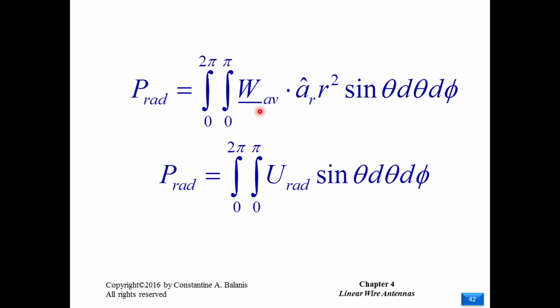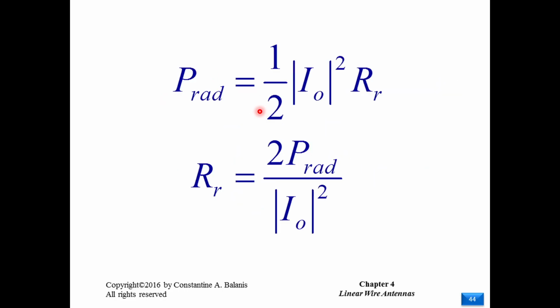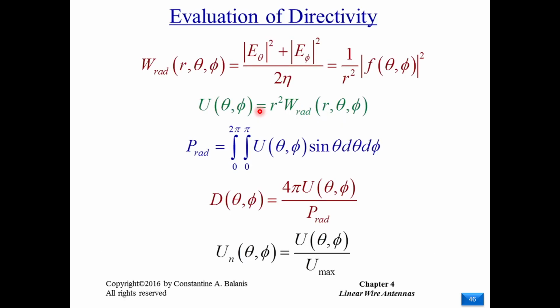So the radiated power, we know the expression to find the total radiated power. The radiation resistance is related to the radiated power with this expression, as we discussed last time. For directivity, the radiation pattern of the dipole becomes more directive as the length increases, but when the length exceeds 1 lambda, we start to see side loops.